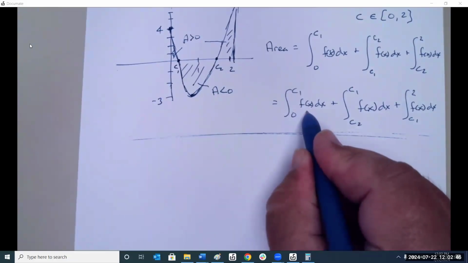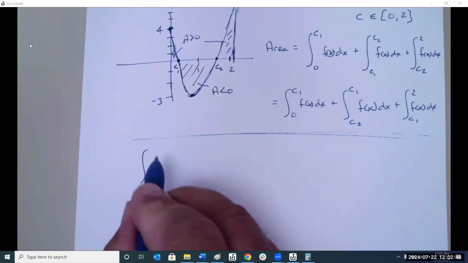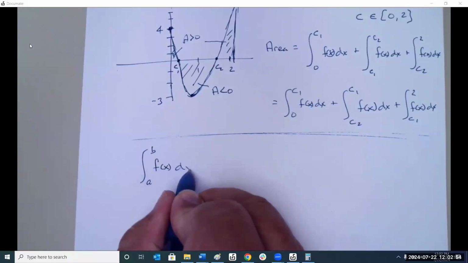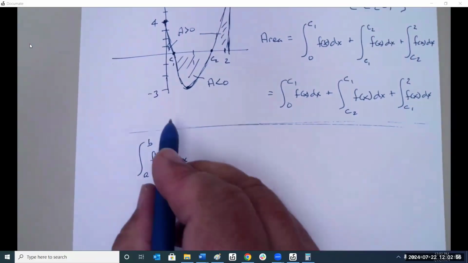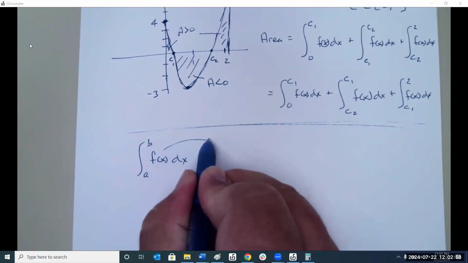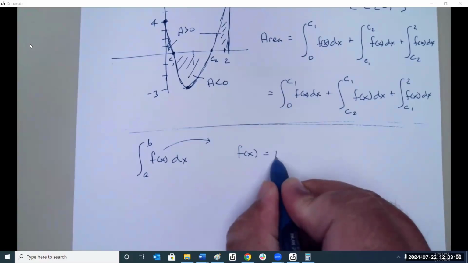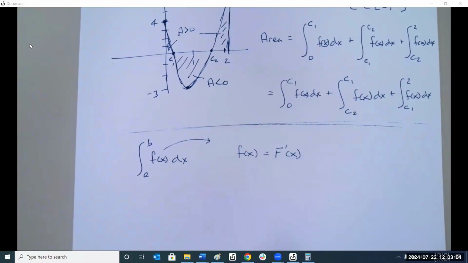Remember, inside here, inside the integral, this f of x is really the first derivative. It's your derivative function.